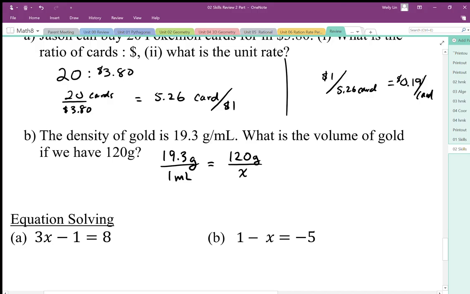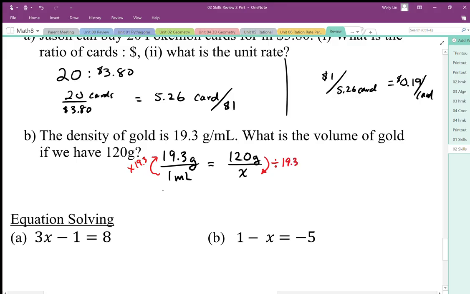This is a unit rate, so my unit rate is my multiplier, and that's my multiplier going from bottom to top. I need to figure out from top to bottom. So instead of multiplying, I have to do the opposite. I need to divide by that same factor.